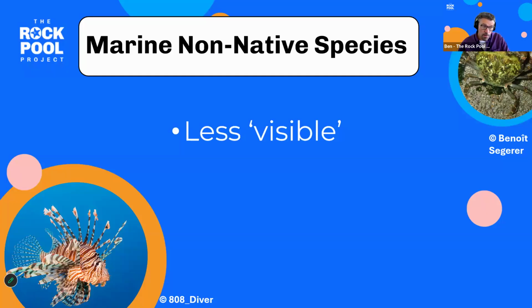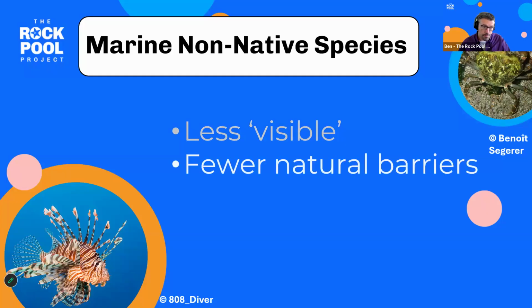The same thing applies to non-native species, and they can go under the radar quite often, until it's too late to do anything about them. On top of that, there are fewer natural boundaries. The marine environment is much more open, and that in itself facilitates the transport of species from their native range to non-native ranges a lot more easily.